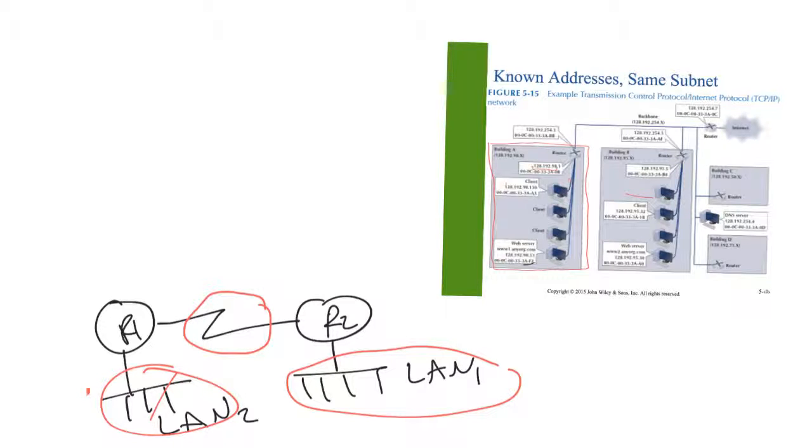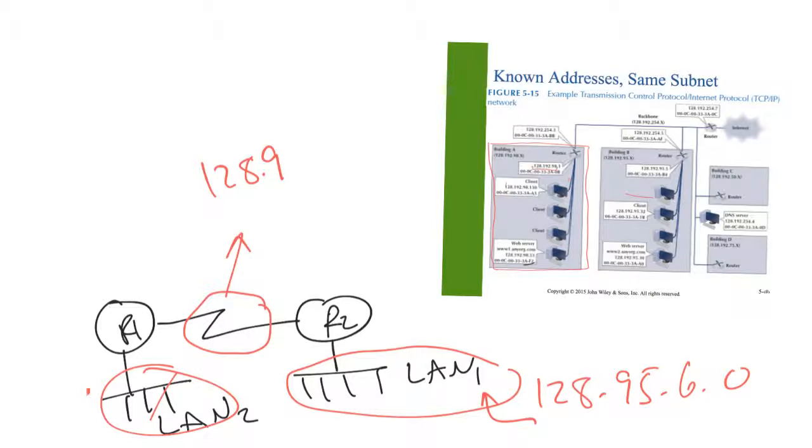So for example, if you would use 128.95.6.0 for this local area network, you would use 128.95.7.0 for this local area network, or the network between the two routers, and you will use a third set of IP addresses.